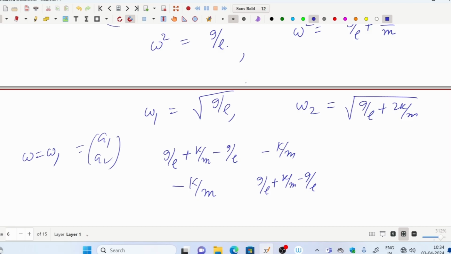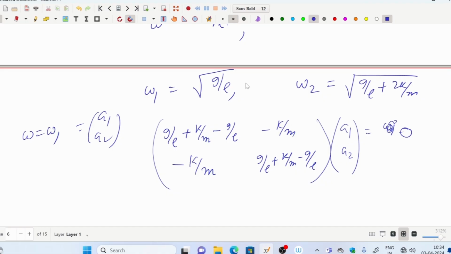See, omega 1 square is g by l, so that I have written, and acting on a1, a2 this will be equal to 0.